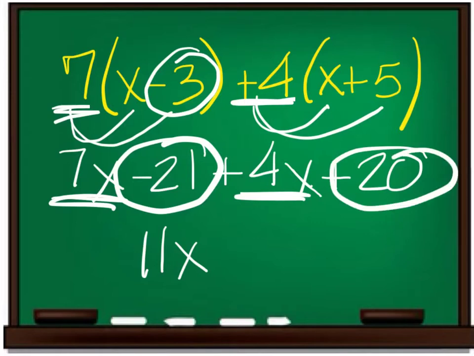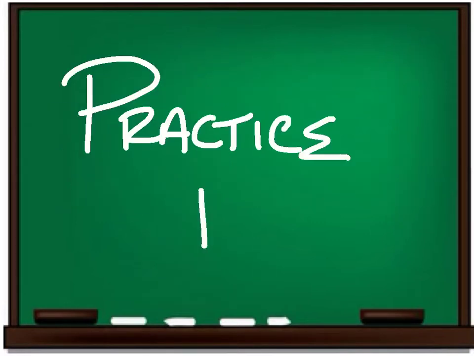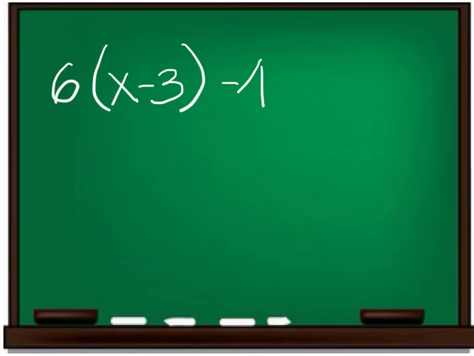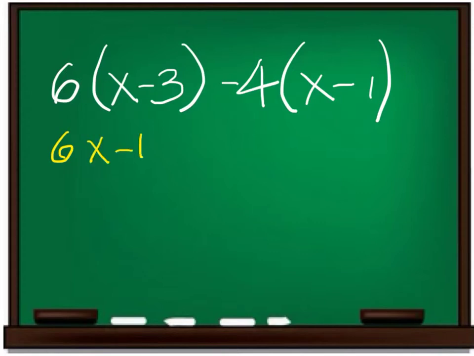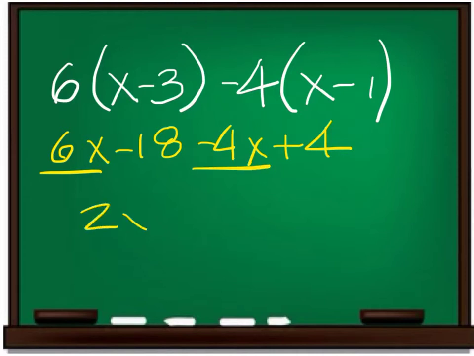Minus 21 plus 20 is minus 1. On the practice problem, it should be 6x minus 18 minus 4x plus 4. 6x minus 4x is 2x, and a negative 18 plus 4 is minus 14.